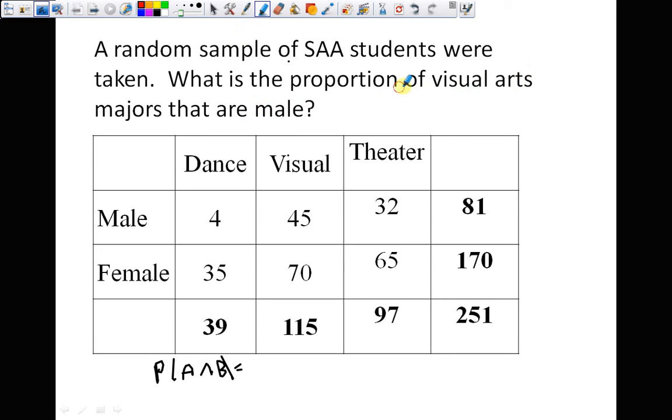If you read that carefully, what that says is, if I only look at visual arts majors, what proportion of those are male? That would be 45 male out of the 115 visual arts majors. So that would be my proportion, 45 out of 115. I'm only looking at this column.